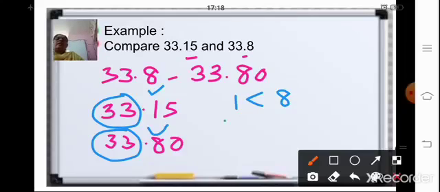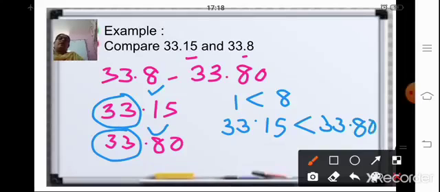So you can say that 33.15 is smaller than 33.80. Okay. So first we will compare the integral part. If the integral part is same, then we will compare the number in the 10th digit. Now you already know how to compare two decimal numbers.